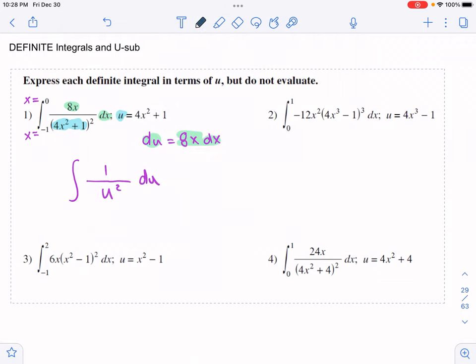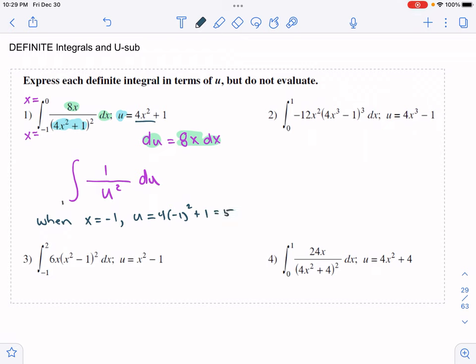So when x equals -1, this will be the only time I write this out so concretely, note that u is equal to, you just plug in -1 into this relationship here, 4 times -1 squared plus 1, which is 5.